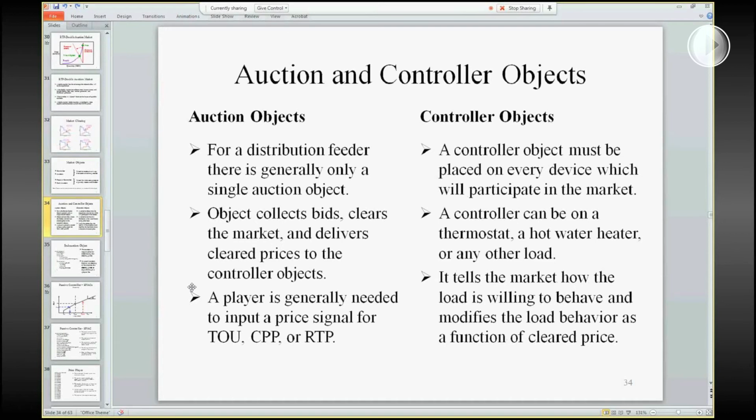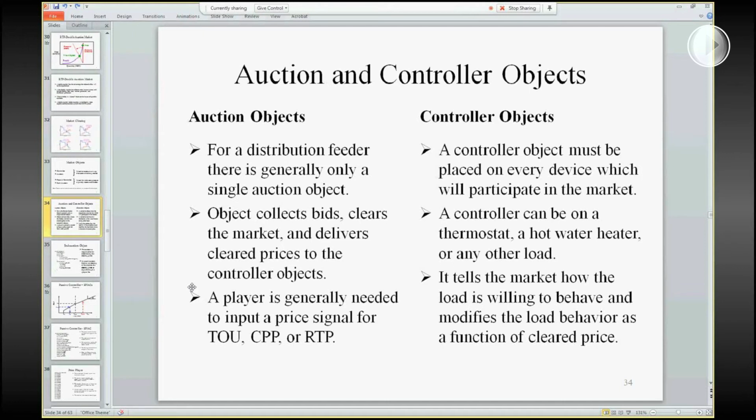Generally the way we would build these is on a single distribution feeder, we will have a single auction object. That's not required. You can have multiple auctions on a single feeder. We have no way of communicating between these different auction objects right now, so they are basically two standalone auctions. But really it's there to collect bids, clear information, and deliver clear prices back out to these control objects.